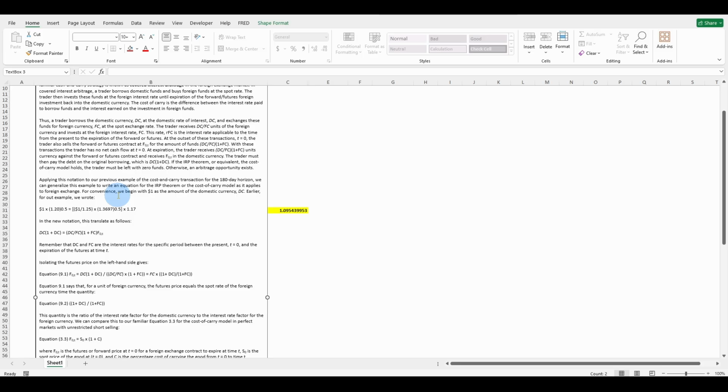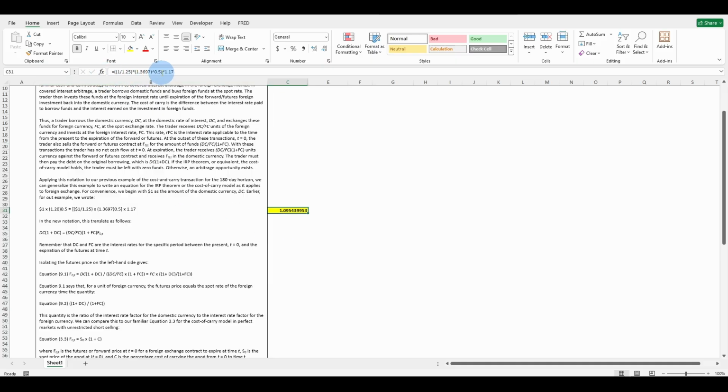Earlier, for our example, we wrote 1 times 1.05 is equal to 1 divided by 1.25 times 1.3697 times 1.17, and we get 1.0954.